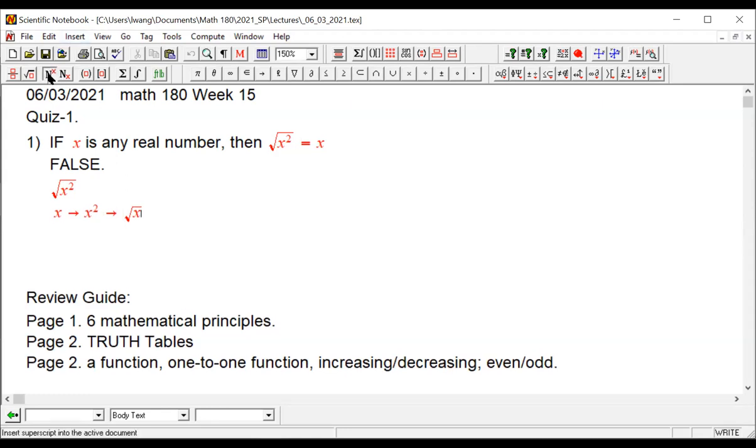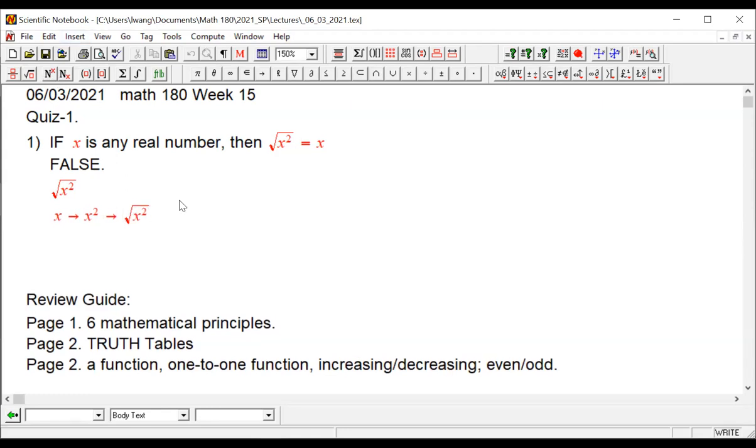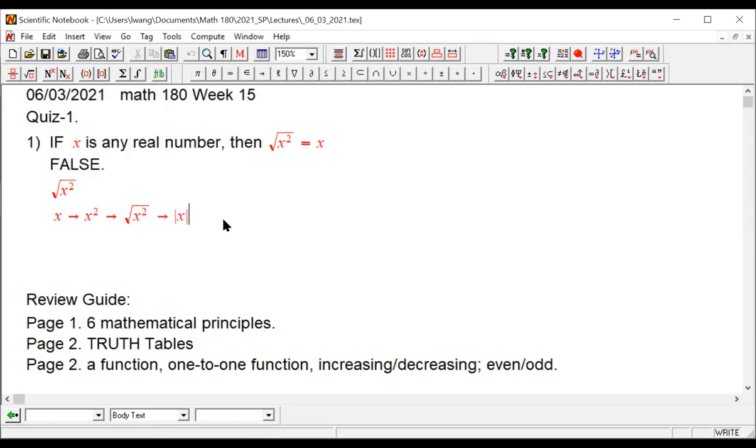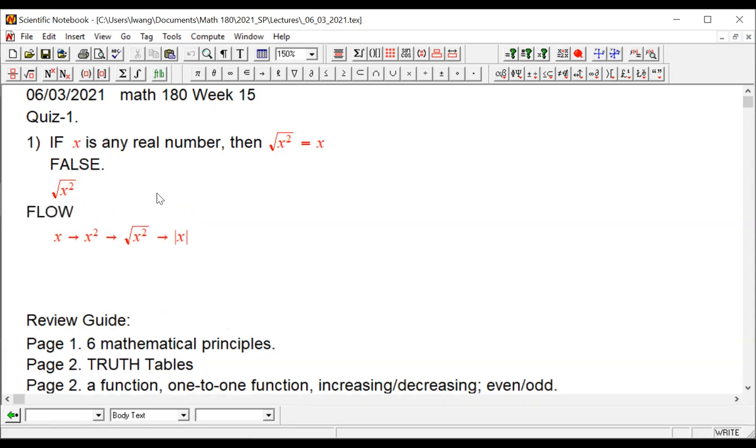So there's an order of operations embedded there, and the output is going to be the absolute value of x, right? So with that, we understand this is the flow. We call it the flow of function.